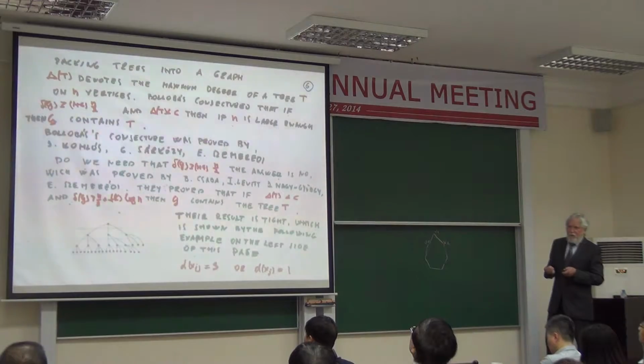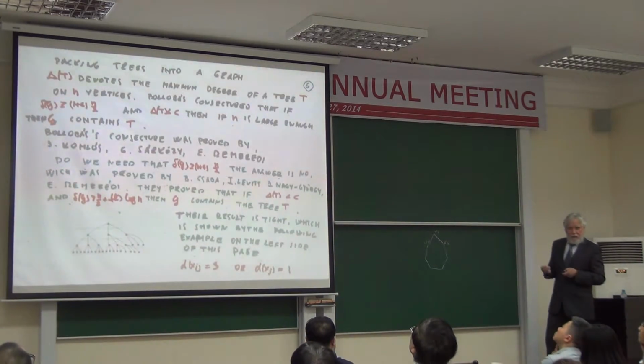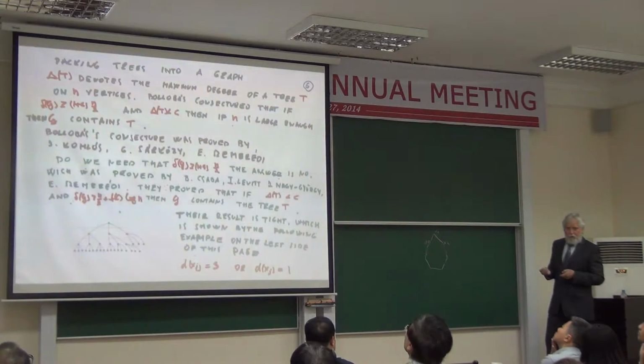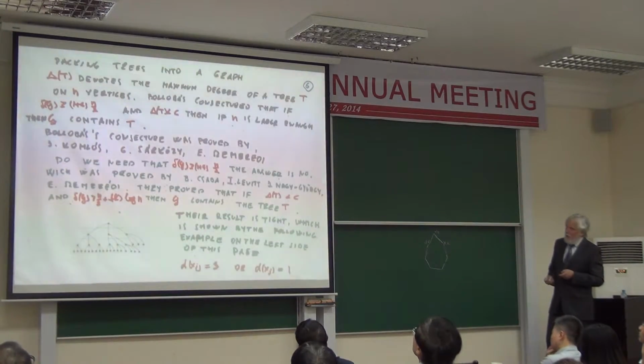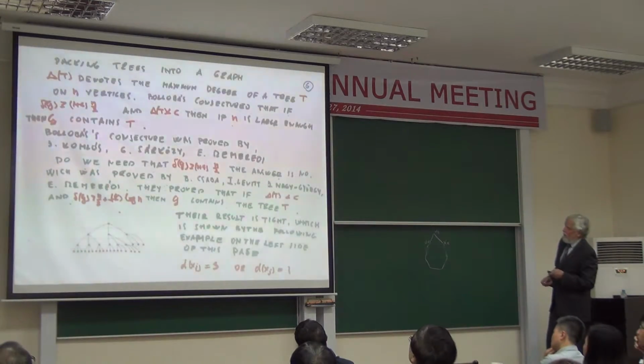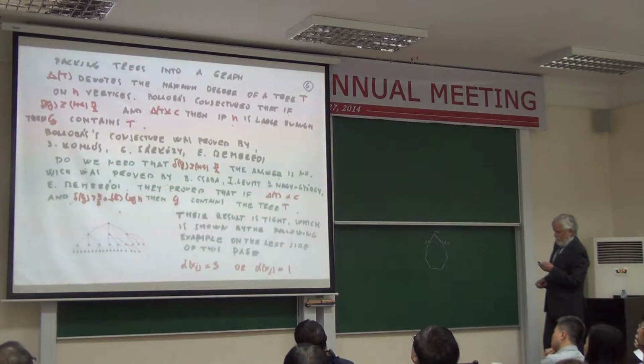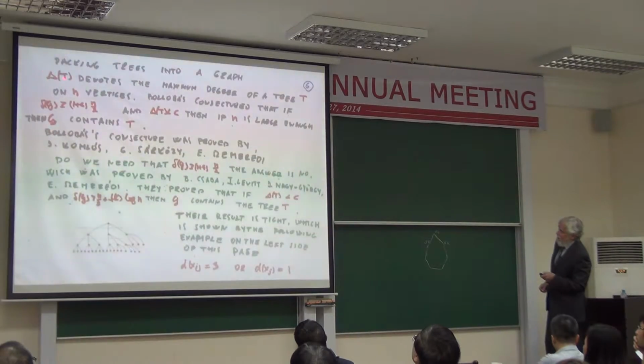Because otherwise, if the guest graph has a smaller number of vertices than the host graph, then obviously your task is easier. But now we want them exactly the same. So from now on we will assume that the host graph and the guest graph have exactly the same number of vertices.